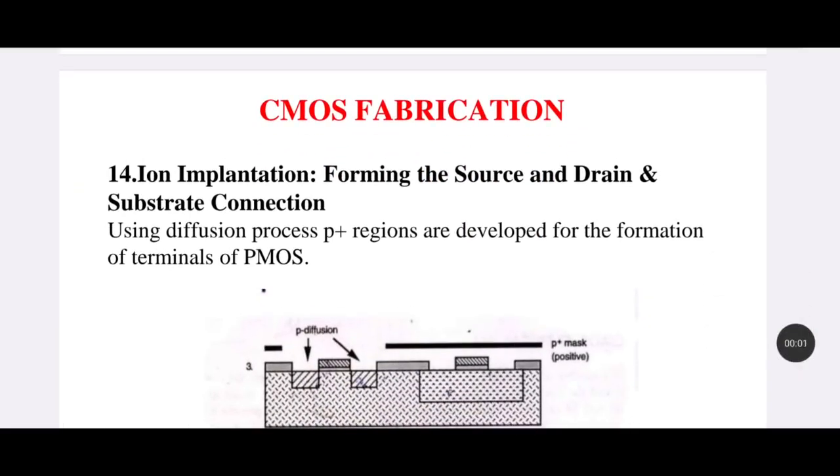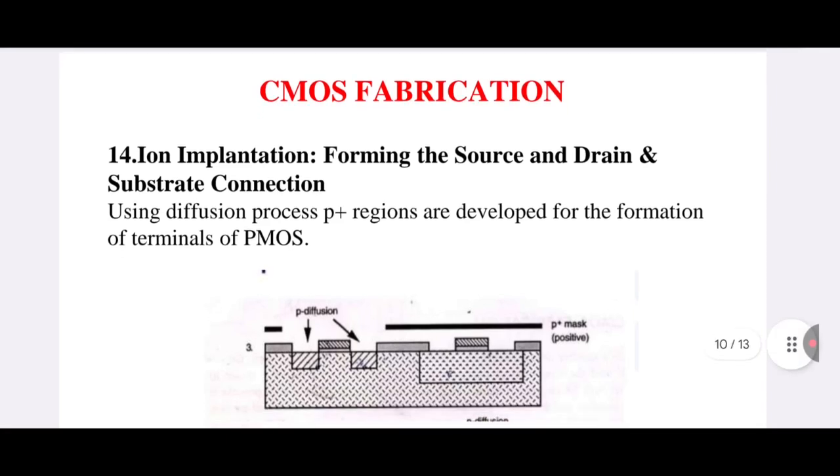Next, we will move on to the next step, that is ion implantation. What is ion implantation? That means formation of ions such as P plus ions inside the N substrate. Here we are concentrating on the formation of source and drain terminals for the PMOS device, and for that purpose we require a P plus mask.